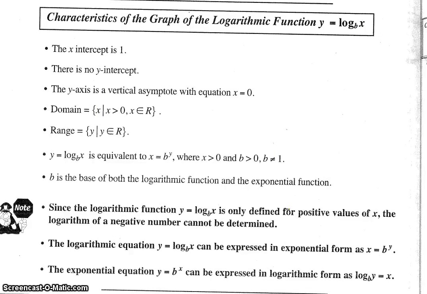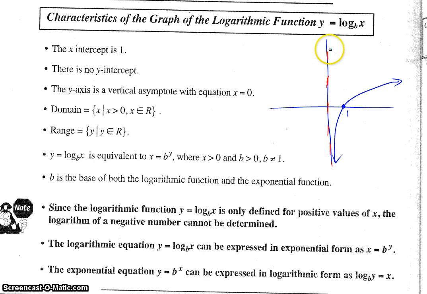So they've summarized the basic characteristics of the logarithmic function. If you recall, the graph looks like this. We have an x-intercept of 1, just like with the exponential graph, we had a y-intercept of 1. There is no y-intercept because it will never cross the y-axis.